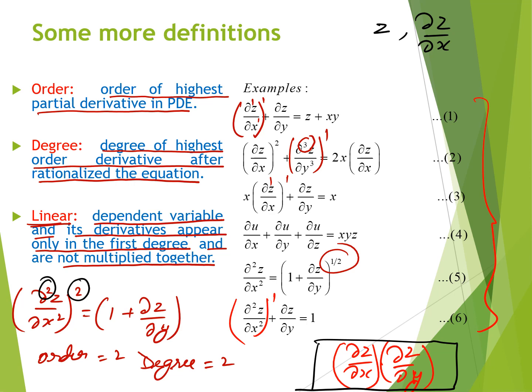Like over here, equation 2 is non-linear because of this. Equation 3 is linear, equation 4 is linear, equation 5 is non-linear because of this term. Equation 5 is non-linear because the dependent variable's degree is 2, and in the sixth equation the degree is 1, so it is linear.